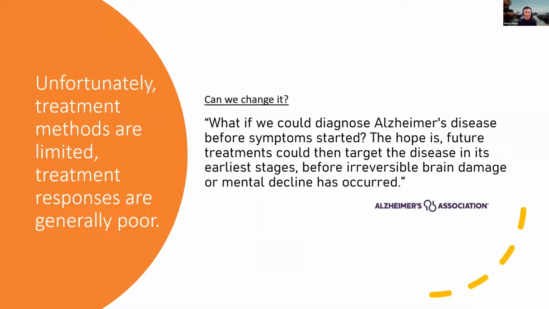Unfortunately, treatment methods are extremely limited. You may have seen recent news. There was one newly approved drug in 20 years. Unfortunately, that newly approved drug didn't demonstrate good response either, even after it's approved.